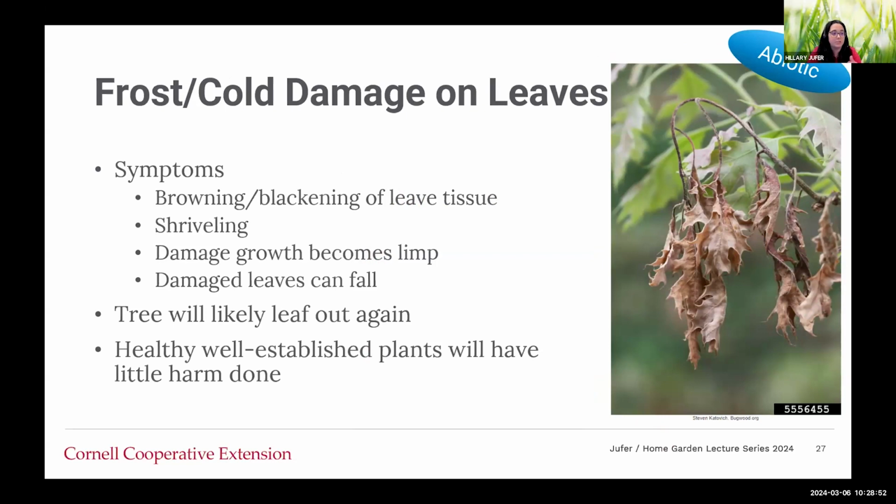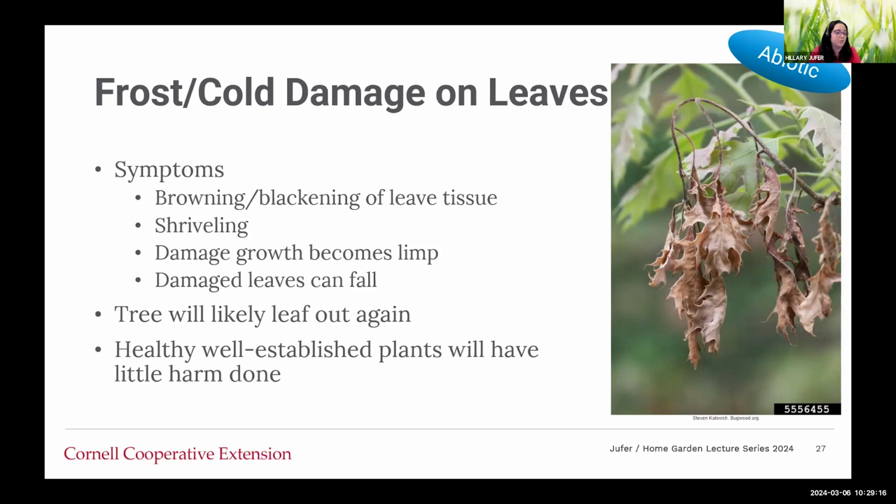So we talked about it on buds and flowers. Now we're going to talk about it on leaves. So the symptoms of that are browning and blackening of leaf tissues, shriveling, damage, growth becoming limp, which you can see right here in this pin oak. It kind of just becomes limp and sags, and the leaves can fall often as well.